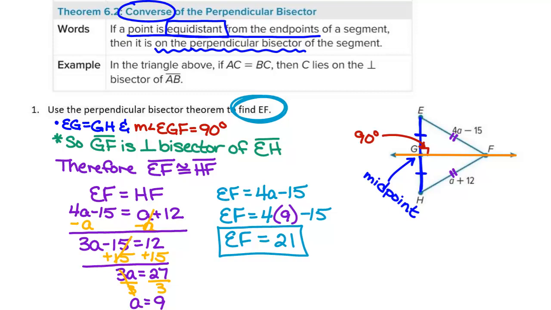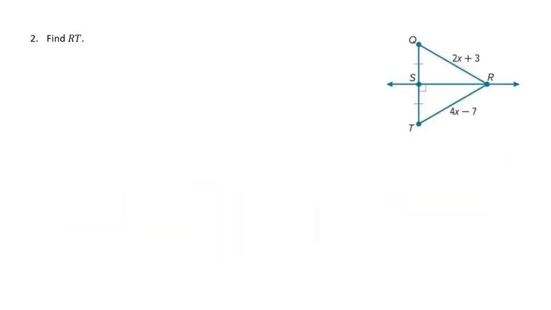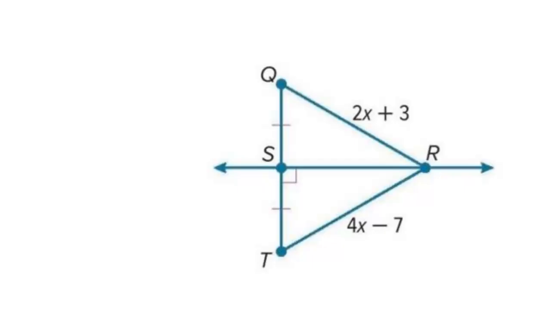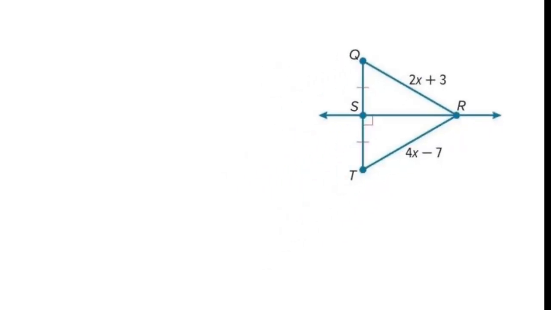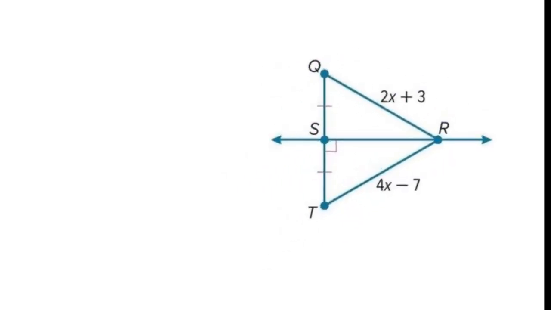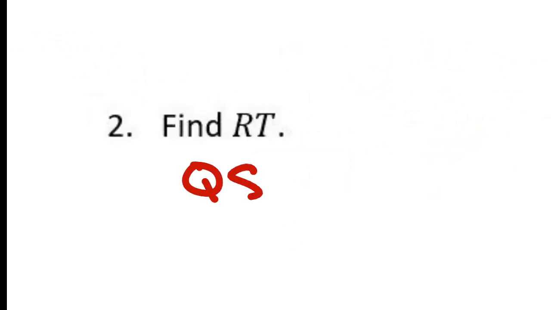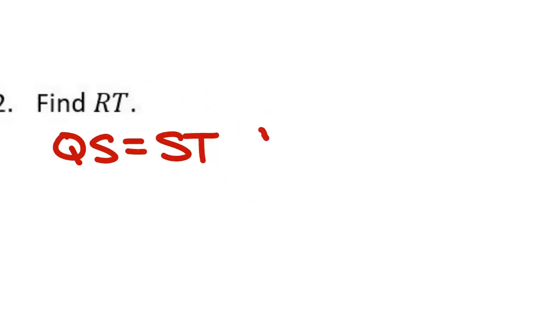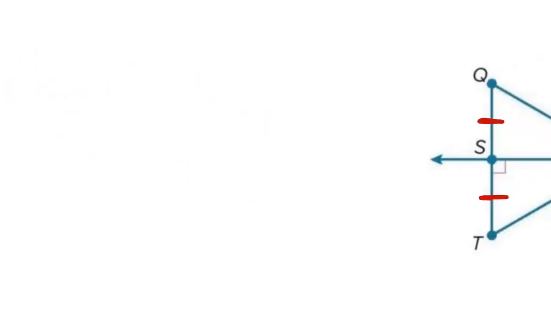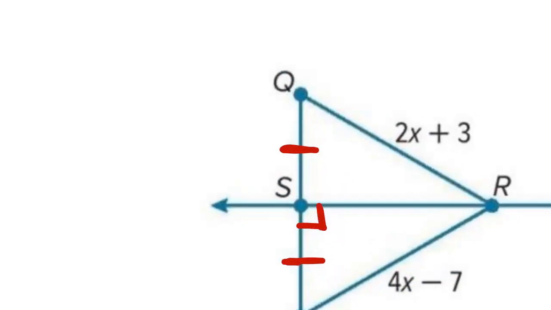Let's see if we can try another one like this. Let's look down at number 2. What do you notice from the picture? What's already marked for us? QS and ST are congruent. QS equals ST. Anything else that's marked in the picture? The right angle.